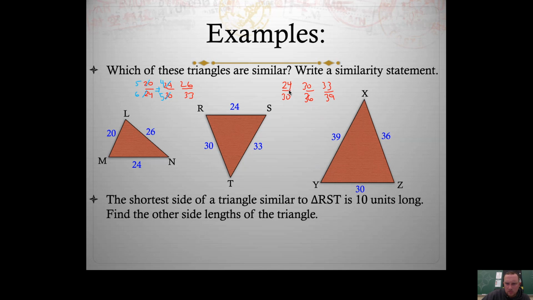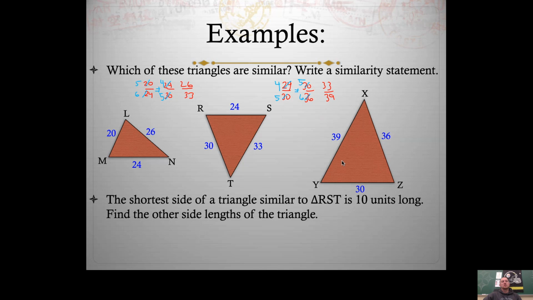Four goes into both. No, 4 doesn't go into both. 6 goes into both. So that's 4/5. I know that 6 goes into both here. Those are not the same. Those are not similar either.